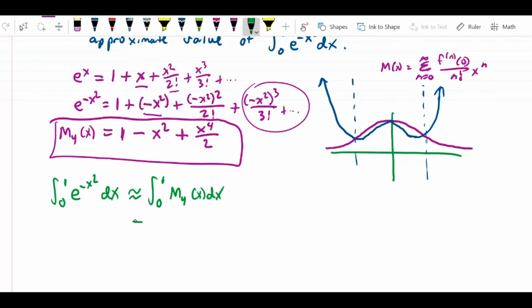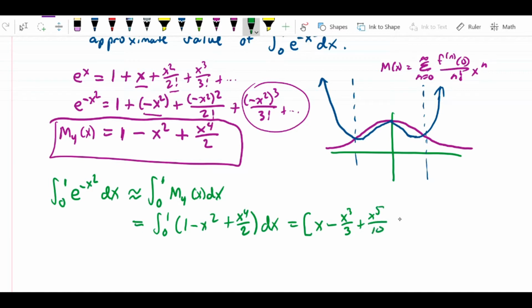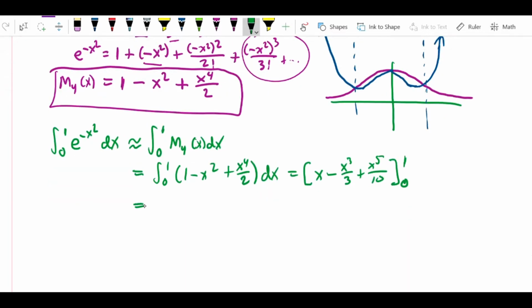Well, that's going to be equal to the integral from 0 to 1 of 1 minus x squared plus x to the fourth over 2. And how easy is that to find? That's just going to be x minus x cubed over 3 plus x to the fifth over 10 from 0 to 1.